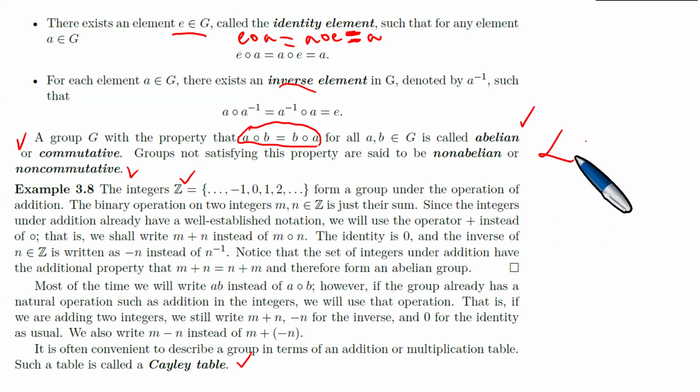So in other words, we define a group Z plus like this. The binary operation on two integers m, n in Z is just their sum. Okay, so we continue.